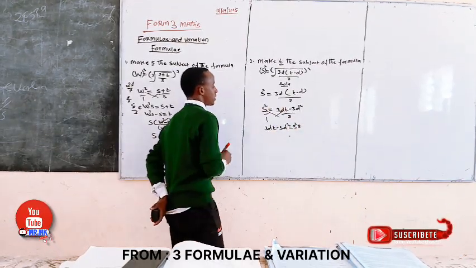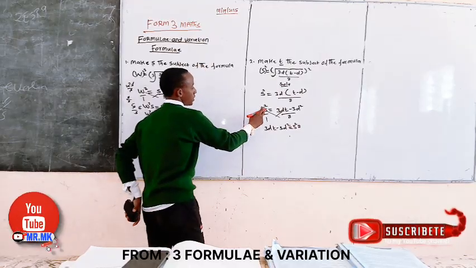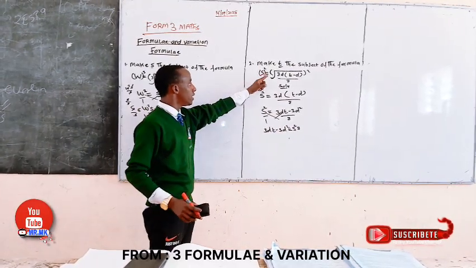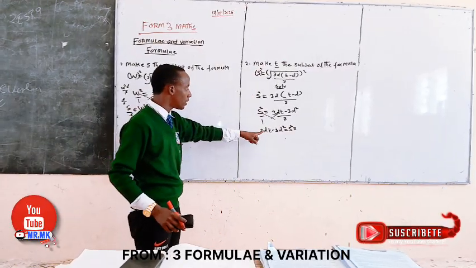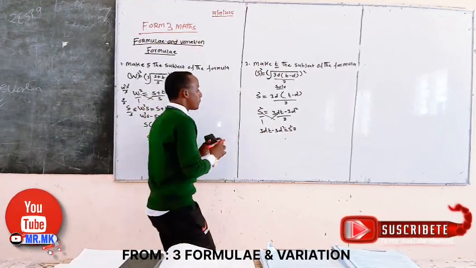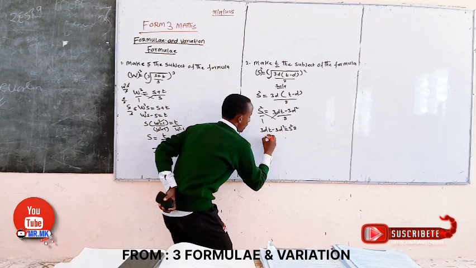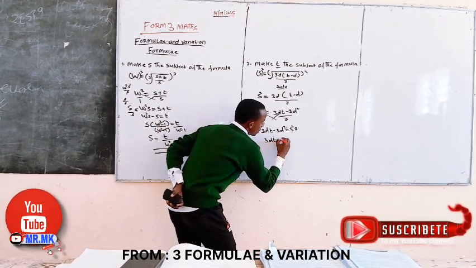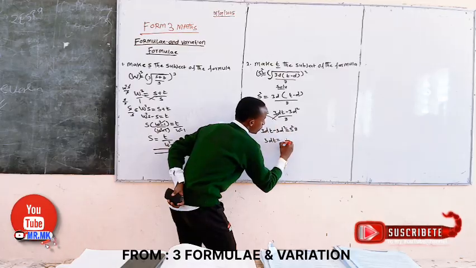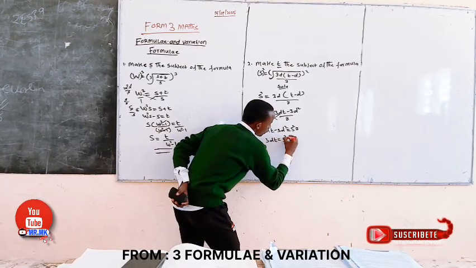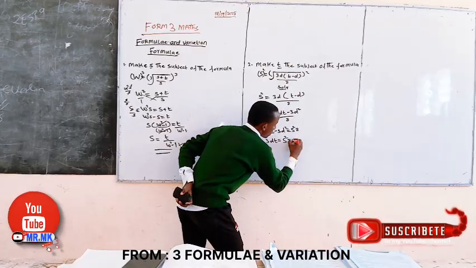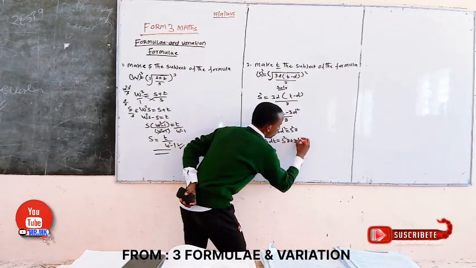s square and 8, yeah? Now, we have said that make t the subject of the formula. How can I make t the subject of the formula? By taking this one to the other side, I will remain with 3dt. 3dt is equal to, if it is negative and it crosses to the other side, it will be positive: s square 8 plus 3d square.